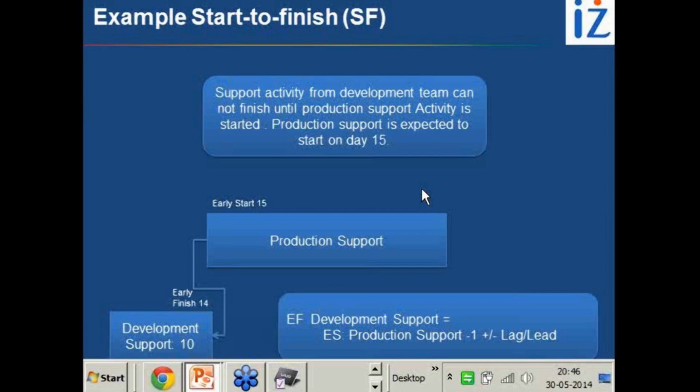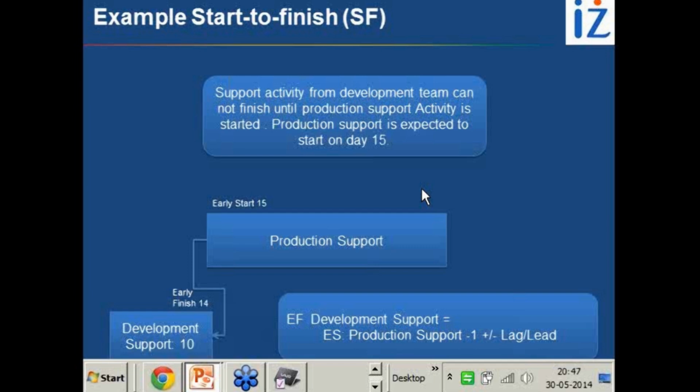Development support can finish on day 14 and production support can start on day 15. If you have a lead and lag, then only you apply plus or minus in this particular relationship. So like FS, in SF also you have a 1 day gap. I can finish when I know tomorrow the second person is starting, or the next hour the second person is starting.